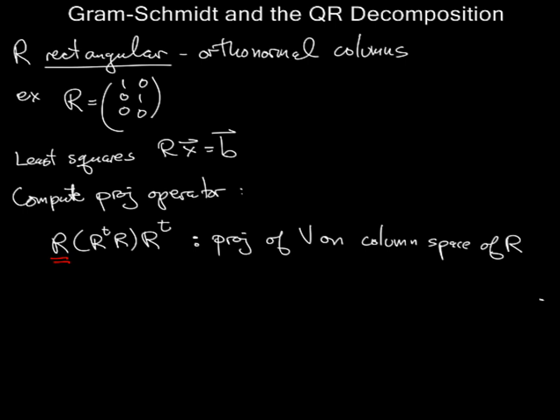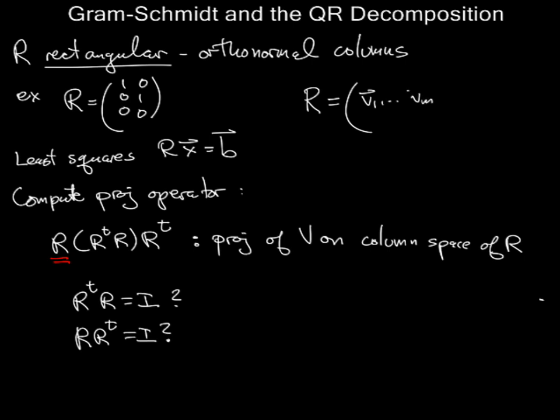Well, R is special. It has orthonormal columns. So what does that say? It probably says that R transpose R is the identity, or maybe it's R R transpose. Which is it? Let's see.